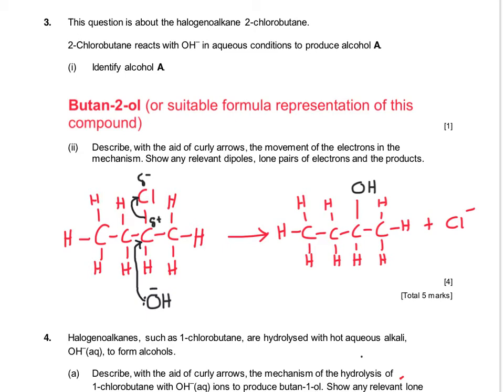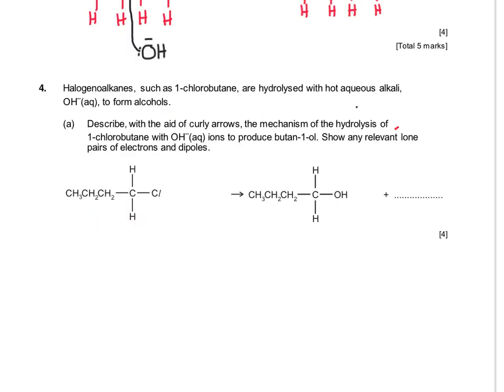So let's move it down so we can have a look at question number 4. So it's a similar kind of question, isn't it? It's asking you to do the same thing, but this time they're calling it hydrolysis, because it's hydrolyzed with hot aqueous alkali. The 1-chlorobutane this time, but it's the same nucleophile as OH-, so it's the same thing again.